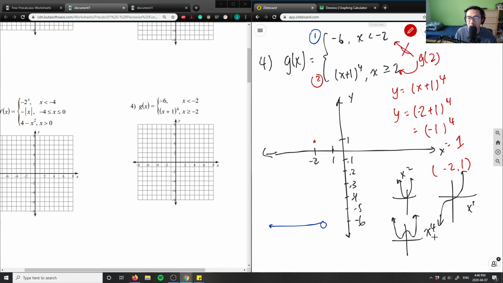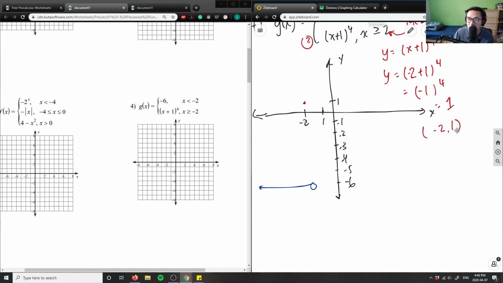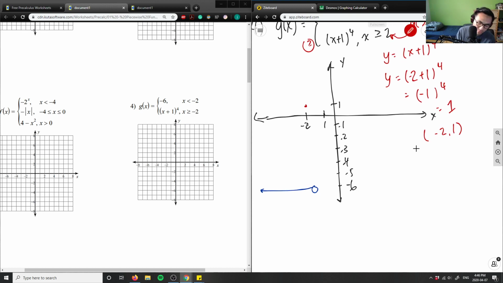So let me erase this, and I'm going to solve for where it intercepts y, or where the y-intercept is. If I have the function y equals (x plus 1) to the power 4, and I want to find my y-intercept, what would I sub in?